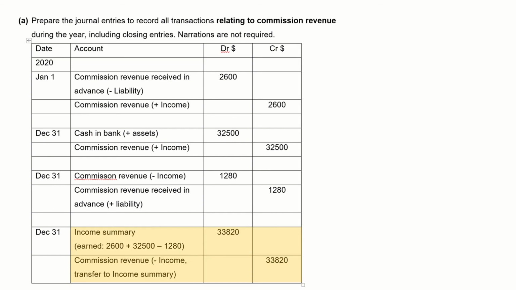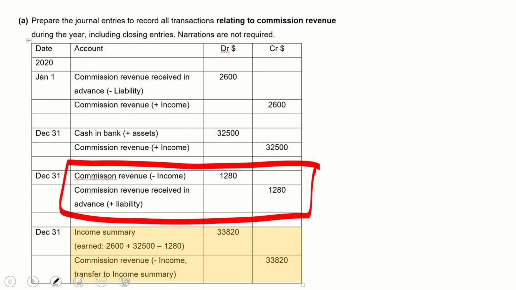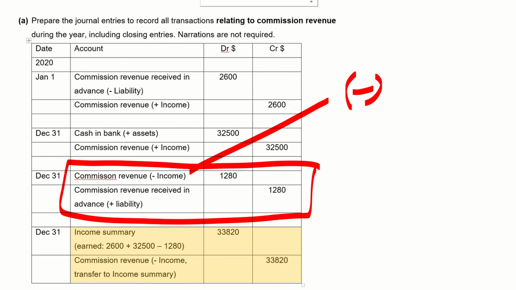How do I record this? I will record it here. What I will do is that I will deduct. All right, what happened is that this $1,280 has not been earned at year end.